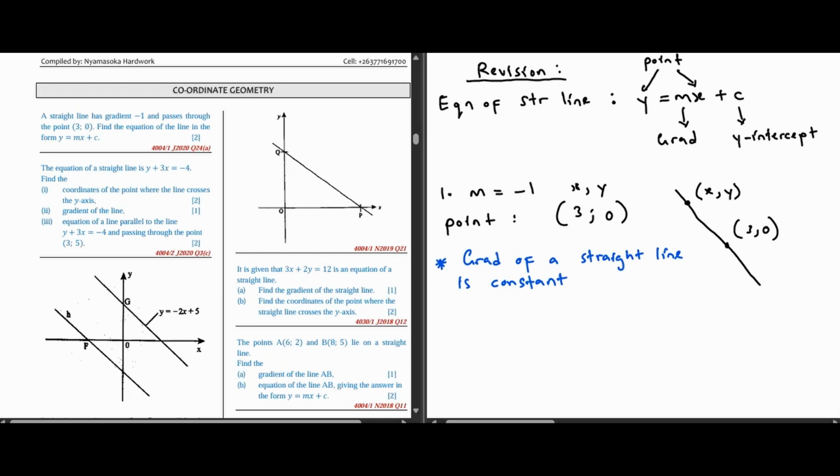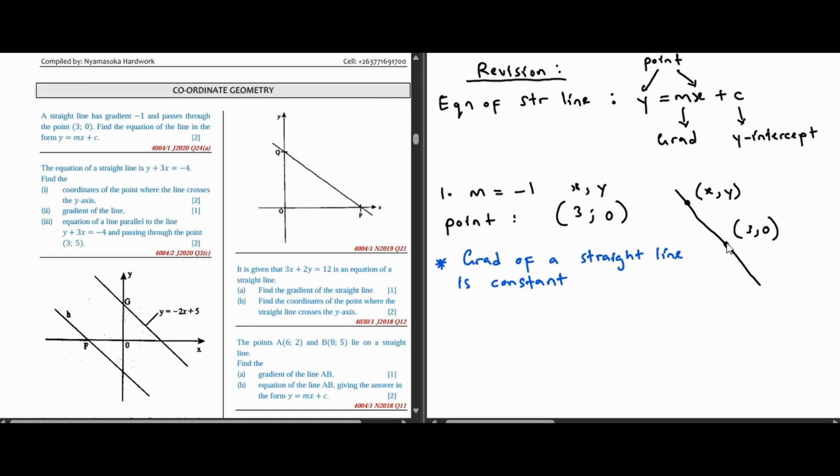So to draw our line, we noted that we have this point (3, 0), then we take another point x, y that we can place anywhere on this line. Then we go back to what we are given in the question. We are told that the gradient is -1, but we are going to act as if we don't know what the gradient is, and you are going to see what I mean.